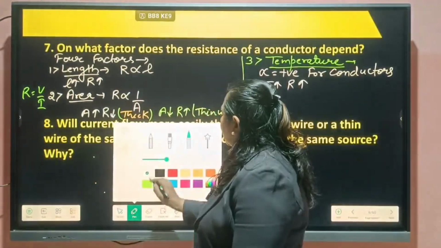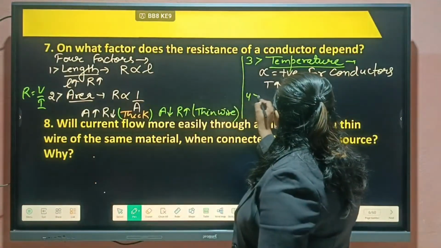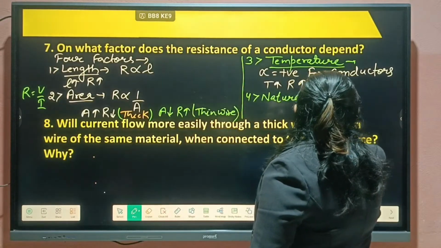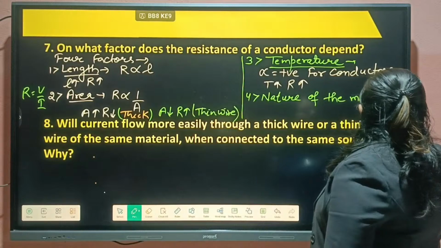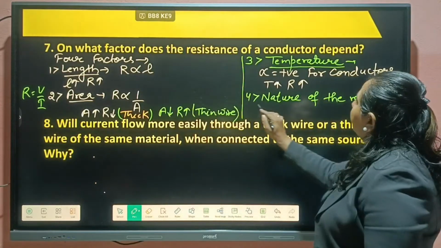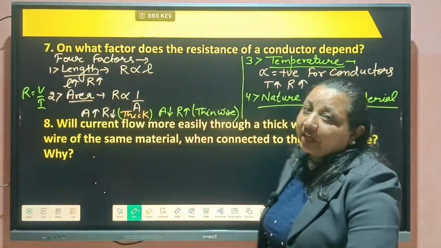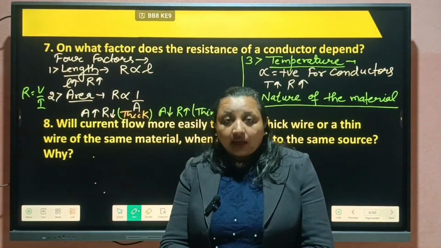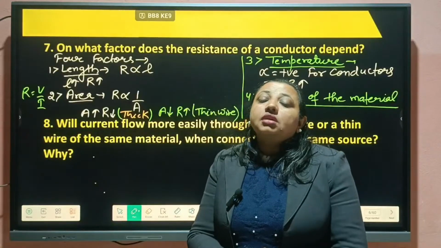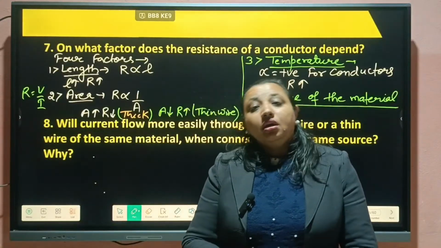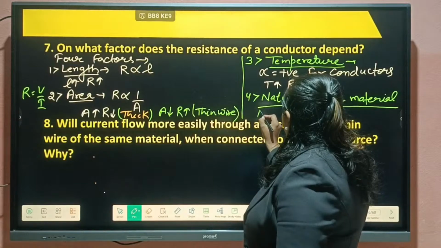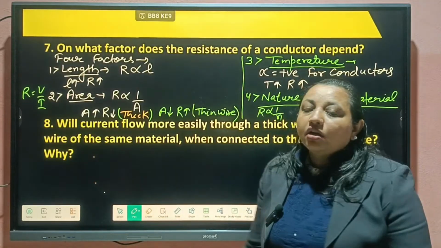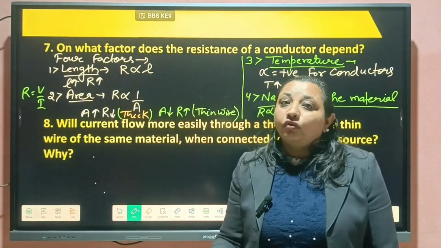Fourth factor is nature of the material. It depends on the nature of the material, what kind of nature it is, and how many free electrons are there in it. So R is inversely proportional to the number of free electrons per unit volume.